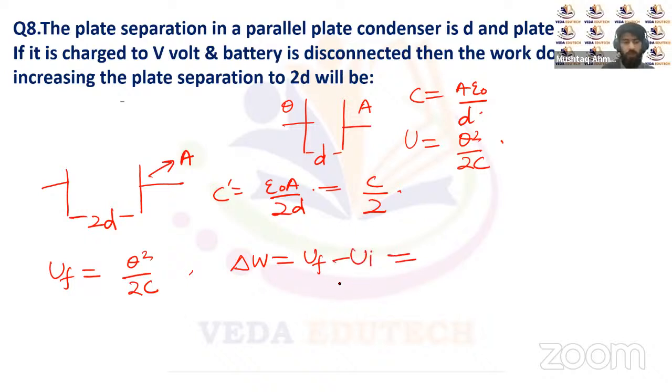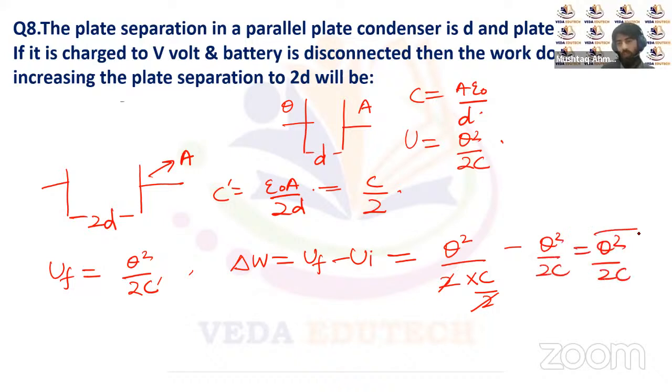Finally it will be C dash, so the final energy stored will be Q square upon 2 C dash, and C dash is C upon 2. So it will be Q square upon C, minus the initial energy, Q square upon 2C, so it will be equal to Q square upon 2C.